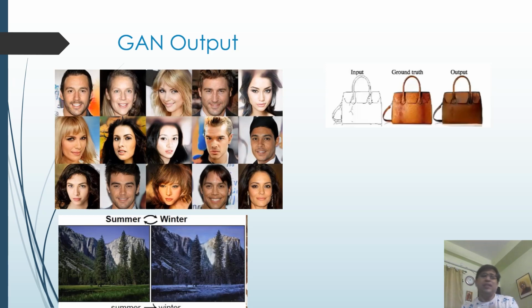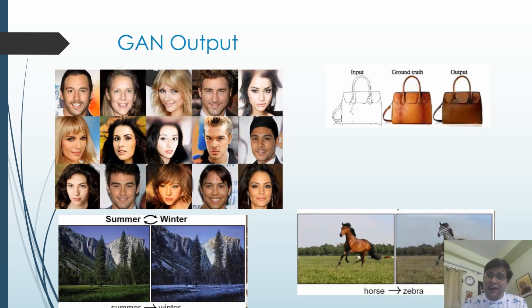This type of filter you see all around us, in different photo editors, and these are actually contributions from GAN. Another very famous example is where the motion of a horse was transferred to a zebra. That particular type of GAN is called a cycle GAN. These are kind of magical promises that GAN makes.